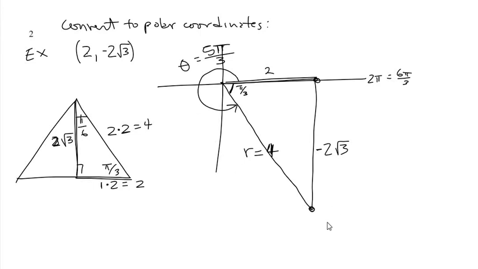Okay? So the coordinates for this point are 4 and 5 pi over 3. So these are the polar coordinates for the point that has these Cartesian coordinates.